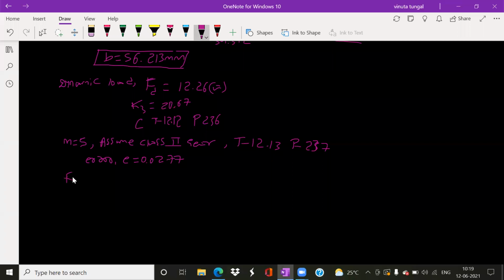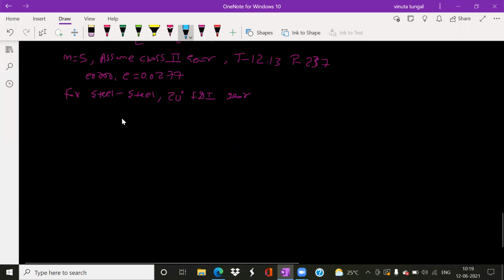For steel, and whatever the alpha angle is, it is 20-degree FDI gear. From this, I will be using the interpolation method.